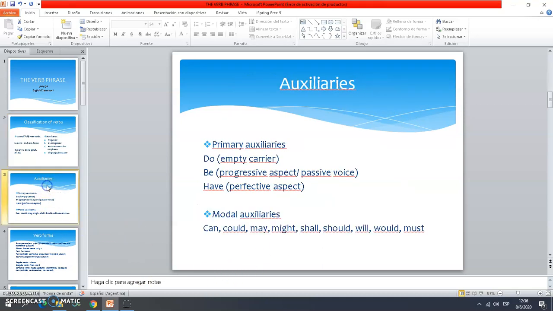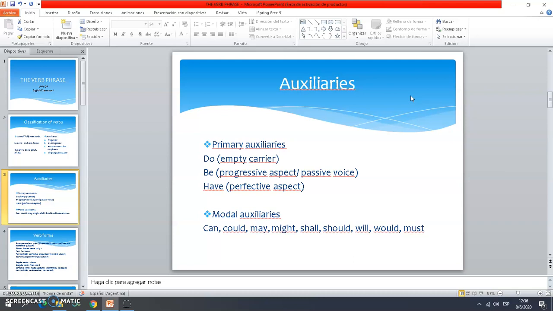As we said before, then, when we talk about auxiliaries, we have to bear in mind there are two kinds: primary auxiliaries and modal auxiliaries. Primary auxiliaries, here you have them. They are do, be, and have. Do is sometimes called the empty carrier. And how is it different from be and have? Well, because do cannot be seen in an affirmative sentence.